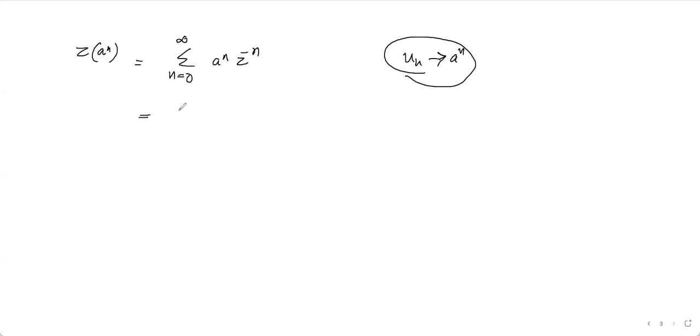So this is a0, plus a1 z to the power of minus 1, a square z to the power of minus 2, a cube z to the power of minus 3, and so on, right?